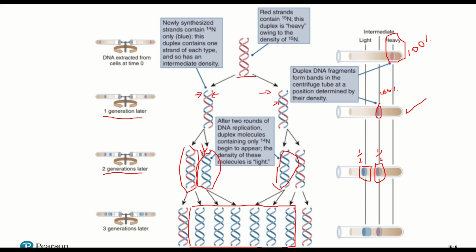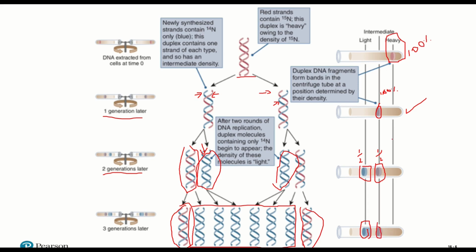As you don't have any more heavy isotope, you start having very little that is intermediate. You have only two molecules that are intermediate, while you have six of them that are light. So you have three times more of the light isotope, and a smaller band of intermediate.